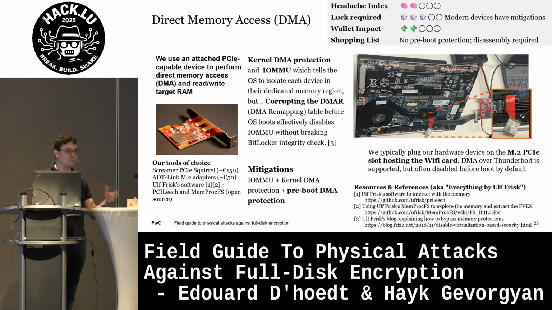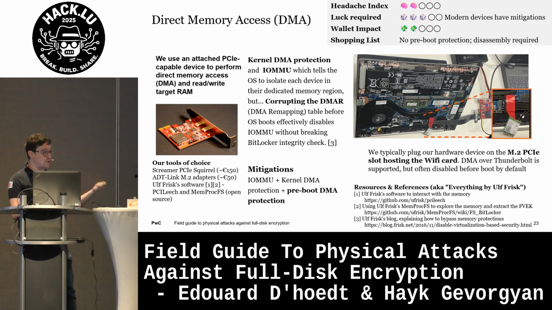There are modern protections against this. It's enabled by default. Normally, you can't do that. When you do that, your device gets isolated in its own memory space by the IOMMU and the kernel DMA protection. There is a lesser known way to bypass that. If you can override something in the RAM before the OS boots, you can corrupt the table that pushes the configurations to the OS to enable that feature.